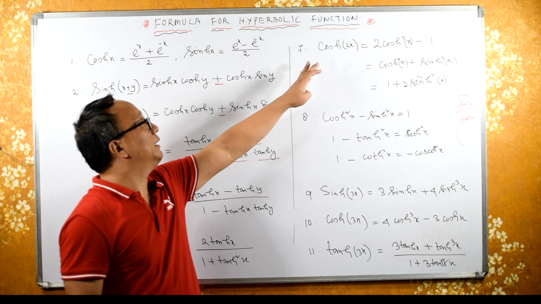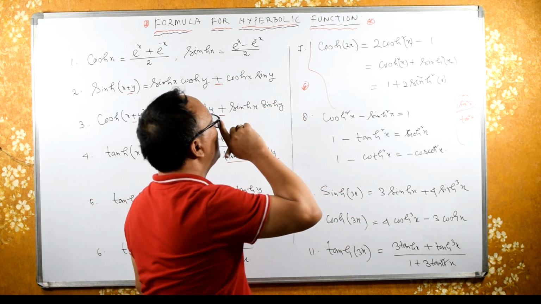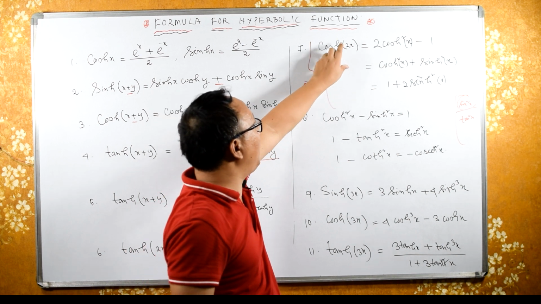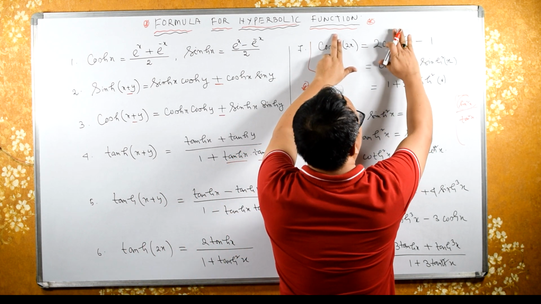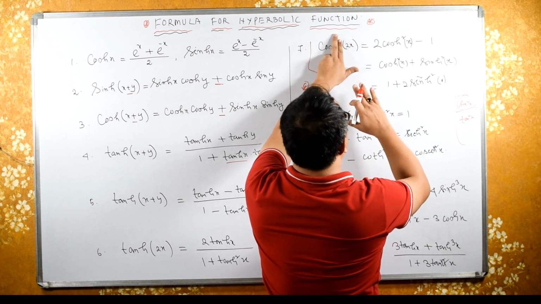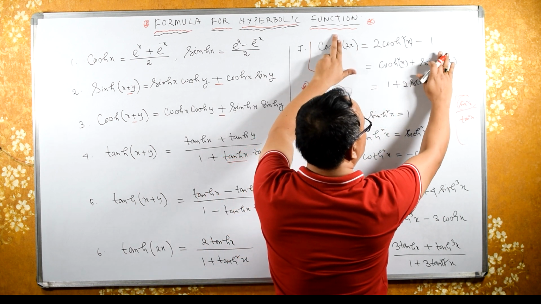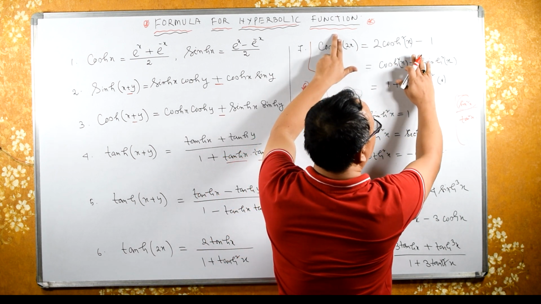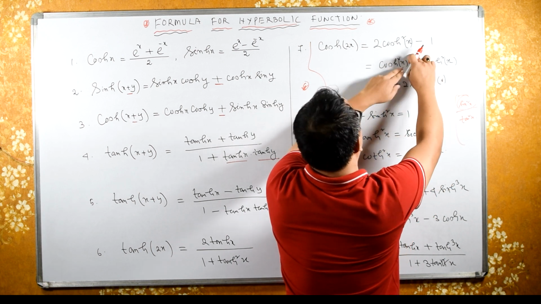Now the most important formula is here. Cos hyperbolic 2x: before hyperbolic, remember cos of 2x is 2 cos square x minus 1. Since all are cos, we don't have to change any sign. Now cos of 2x is also cos square x minus sin square x. But since sin square is involved, the minus becomes a plus in the hyperbolic.